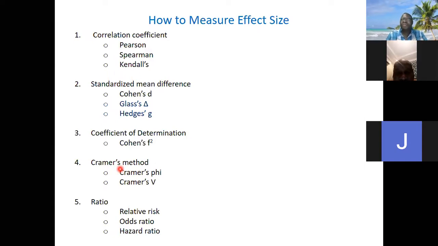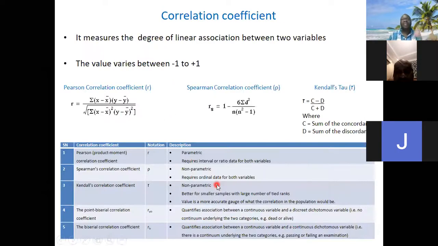I'm going to discuss when you use one, when it's better to use the other. Under the categorical methods, we have Cramer's V, then ratio, relative risk, odds ratio, and hazard ratio. So let's start unpacking each of them.